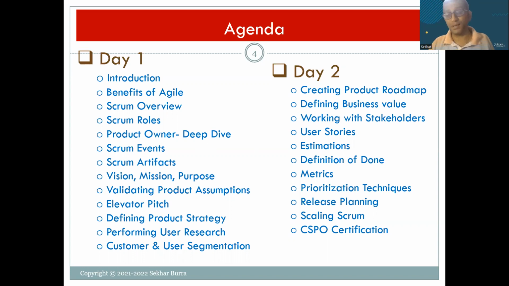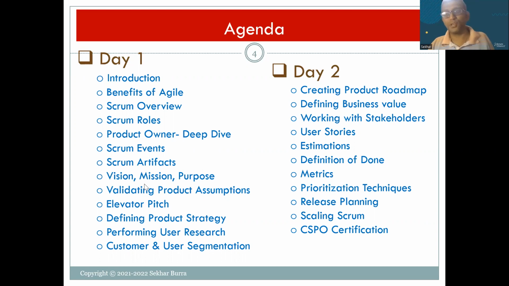Here we talk about questions people ask, like who is a product owner, and what is the difference between a product owner and a product manager? What are some of the things the product owner must be really careful of? What makes a product owner different from other roles or accountabilities? This is all what we are going to discuss in this product owner deep dive.